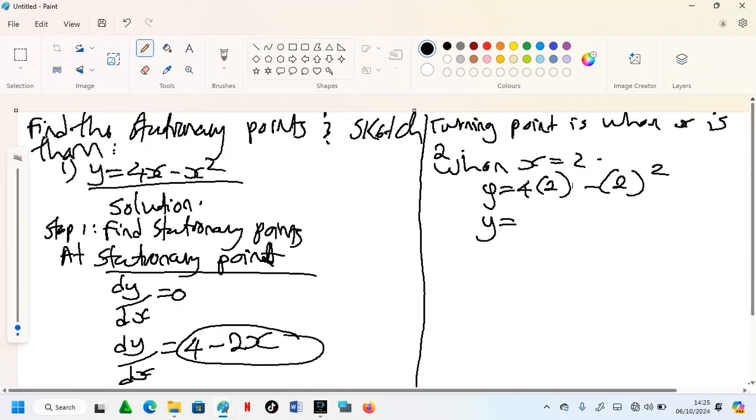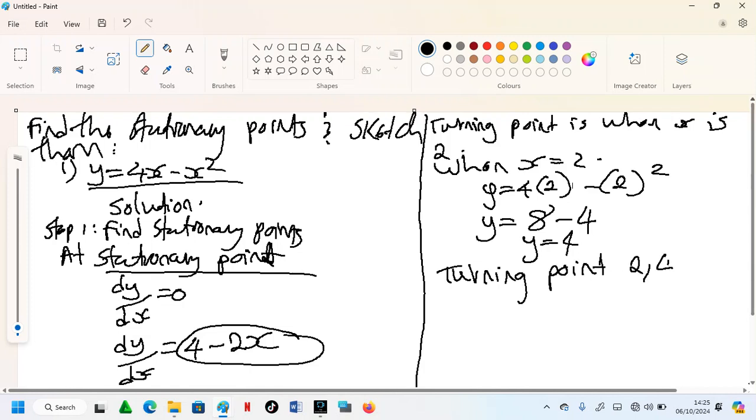Now we are substituting x with 2. So this is 8 minus 4, and therefore y is 4. So the turning point, the stationary point, is (2, 4).